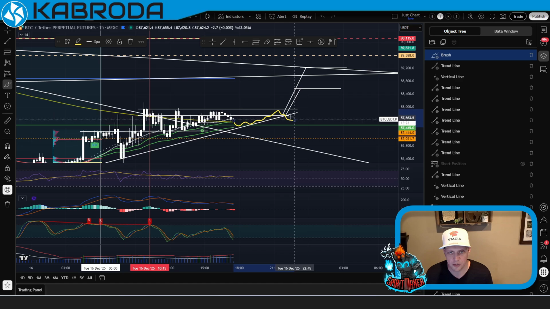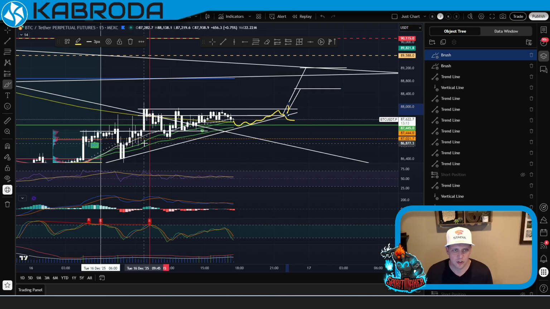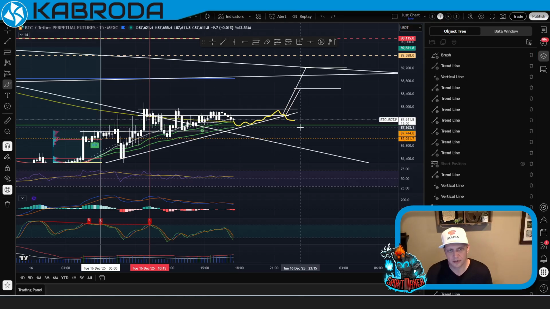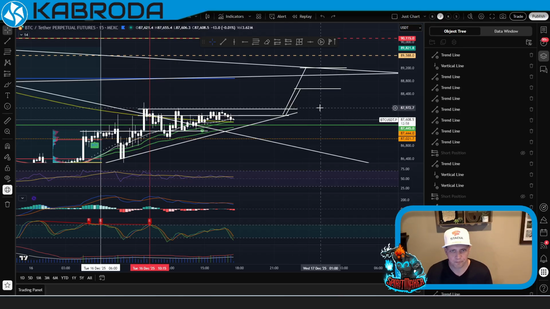Now once it gets through here and does either this or it needs to do this, just like you saw before, once it started to curl over here, yeah, it started breaking down. You just have this bigger pattern that it could still stay in, and it's respected, and it keeps making higher lows through this. And here I didn't like this. It's starting to grind out. It's starting to show flattening. But regardless, that is how you read charts.